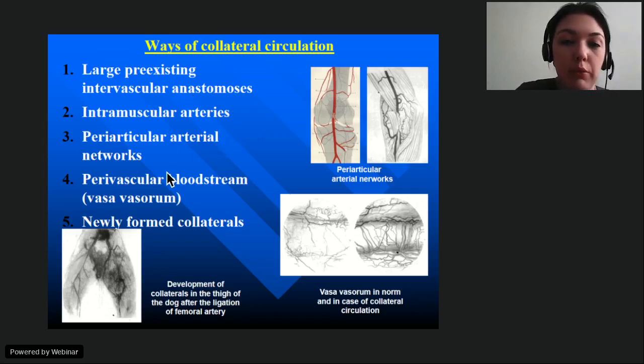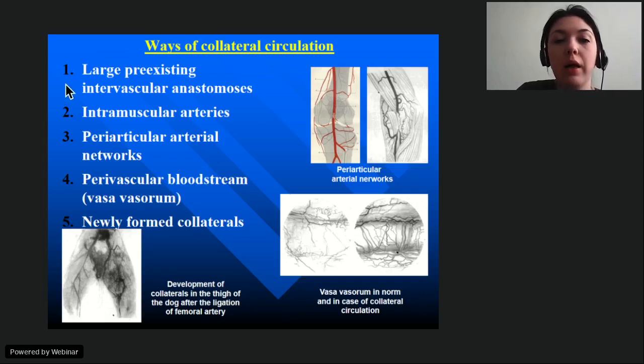Periarticular arterial networks. These are, for example, the arterial network around the elbow joint, and the arterial network around the knee joint, which you can see in this diagram. Then perivascular bloodstream, vasa vasorum, and newly formed collaterals.